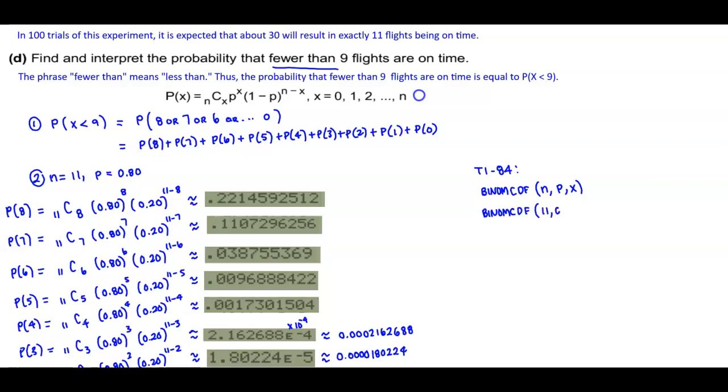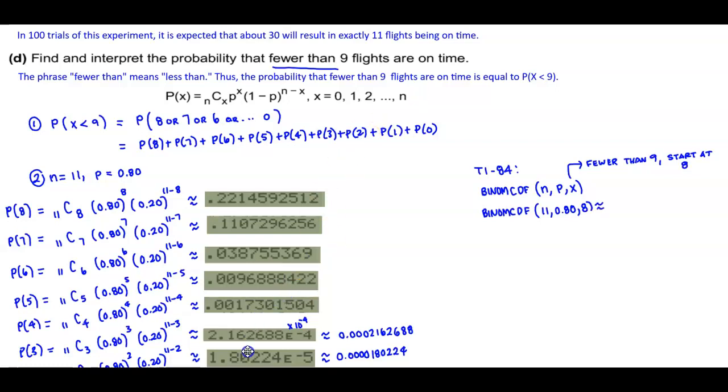We know the probability is 0.80. But now the value of x is everything that is fewer than 9. So if we're looking for fewer than 9, we're not going to use 9. We have to start at 8 and then below. So this number has to be 8.